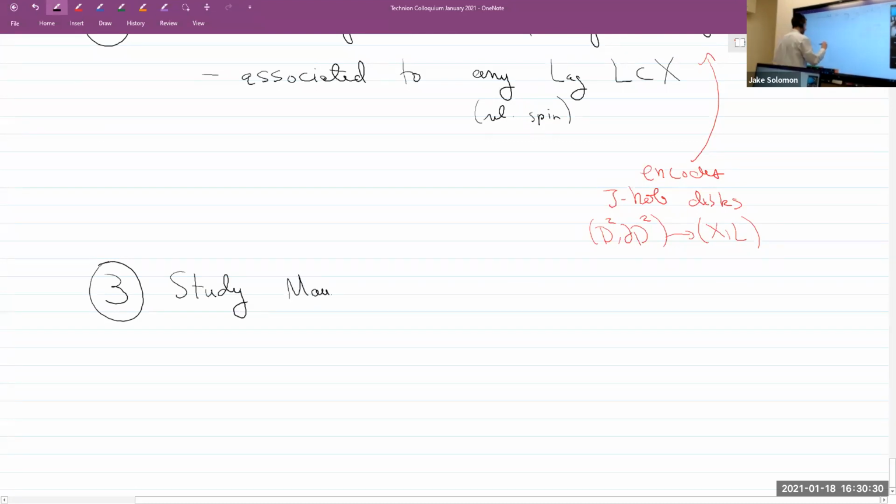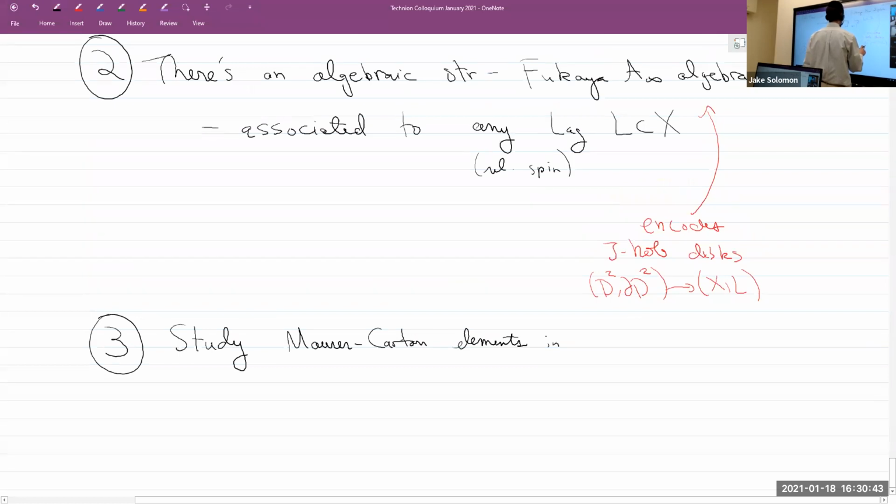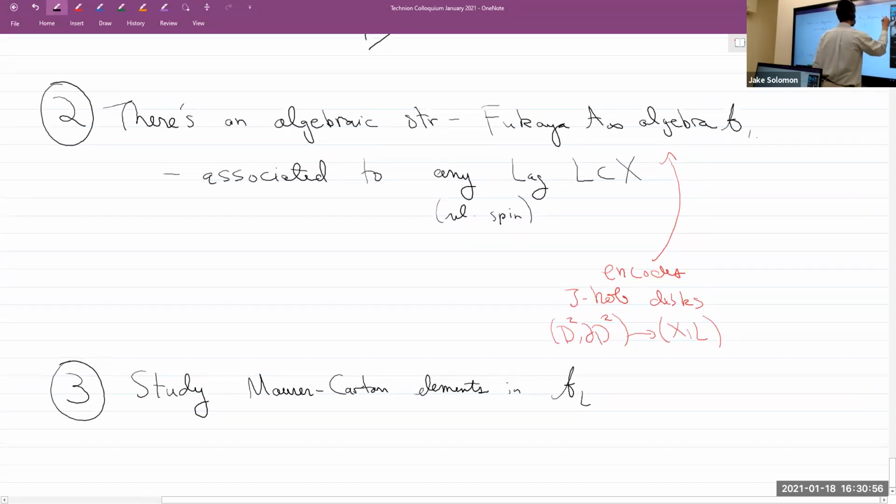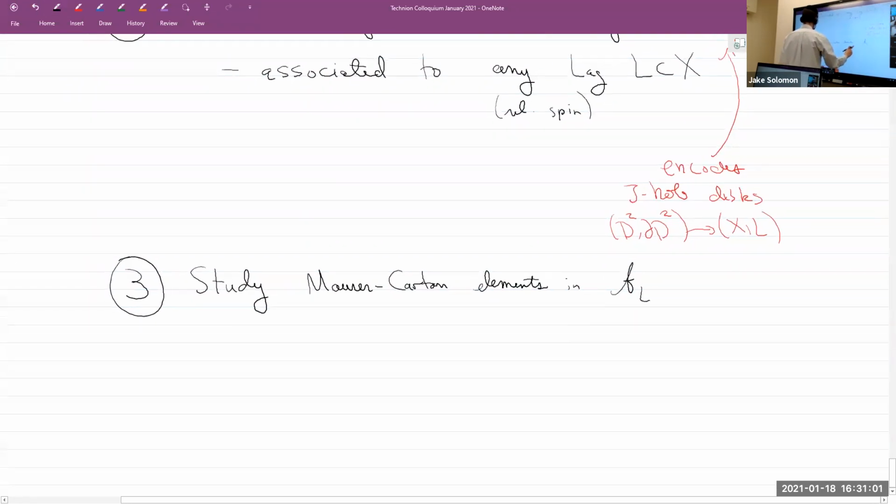We study Maurer-Cartan elements in this Fukaya A-infinity algebra, let's call it A_L.